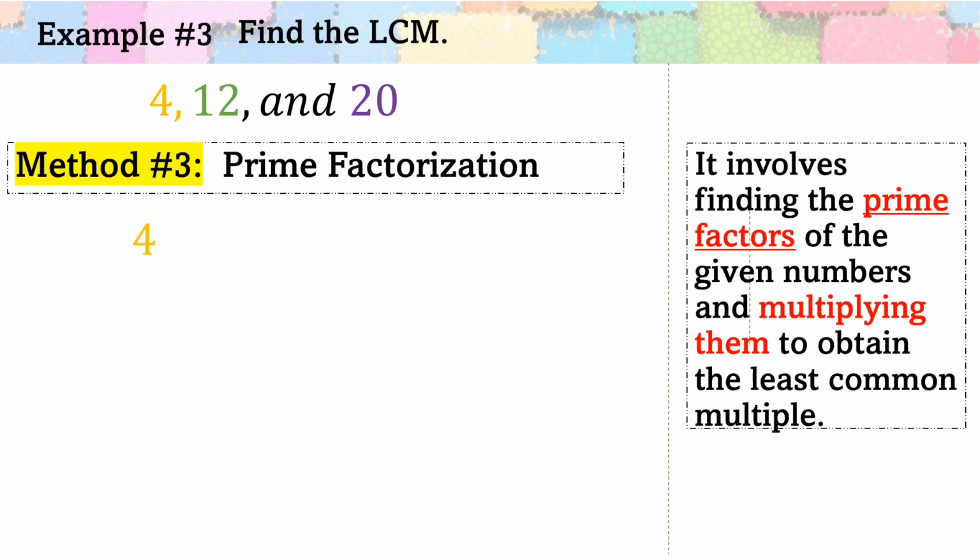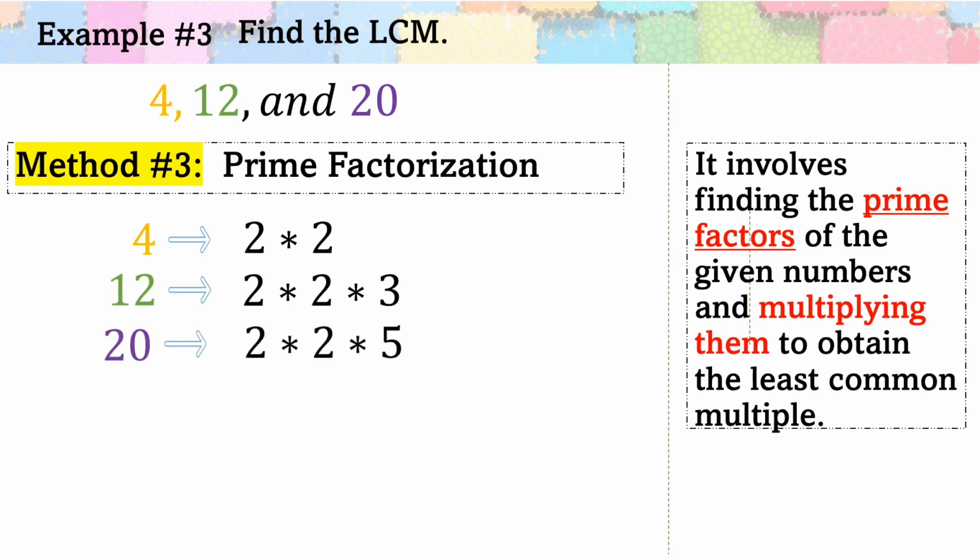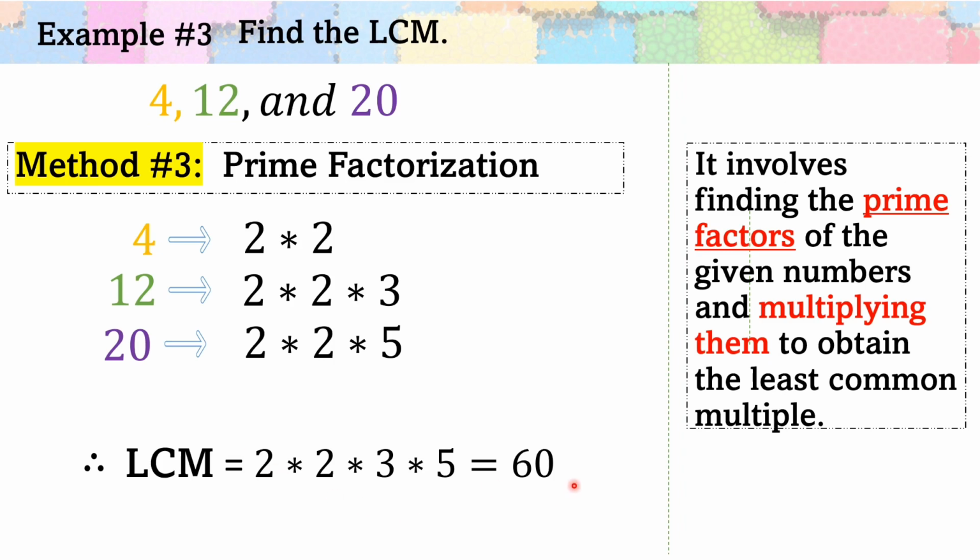Okay, for 4, we have 2 times 2. For 12, we have 2 times 3 times 2. And then for 20, we have 2 times 2 times 5. So the LCM is, so there are 2 pairs or 2 sets of common prime factors of the given numbers.